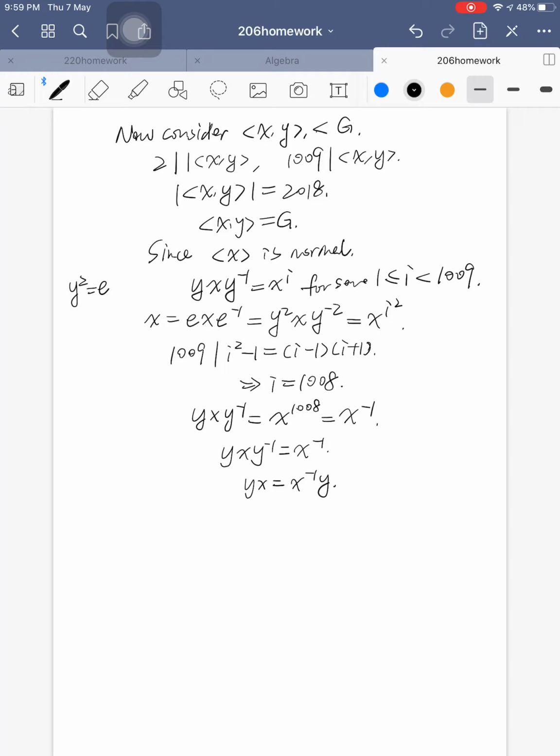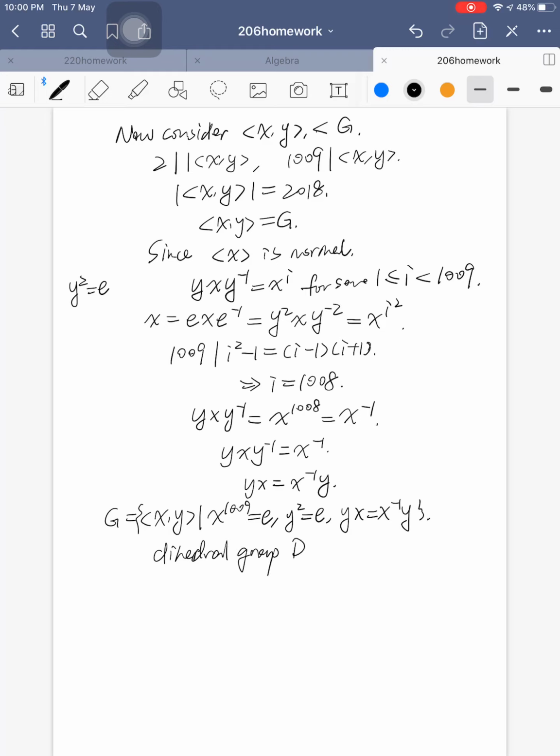And the group can be described by: G now equals the group generated by X and Y, where X to the power 1009 is the identity, Y squared is the identity, and Y X equals X inverse Y. And this is exactly the dihedral group D_1009.